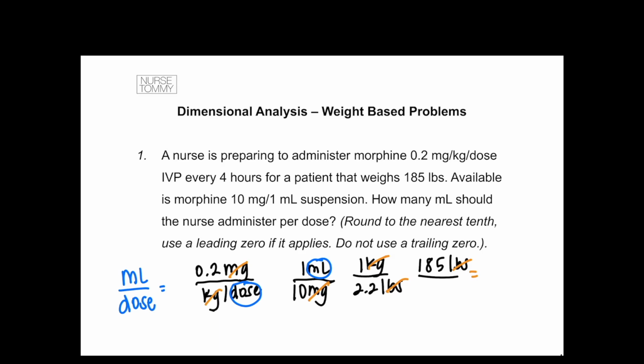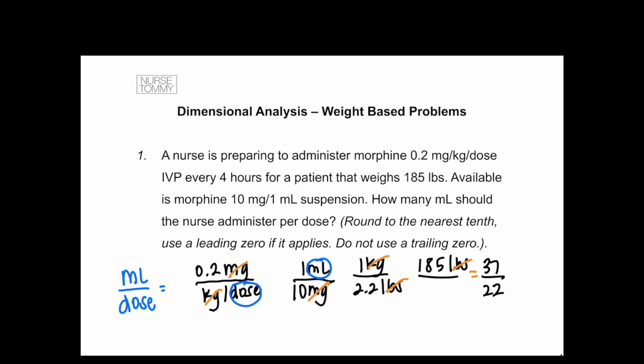Putting this math together, I get 37 over 22. I'm going to take everything that's on the top and multiply it together. So the 0.2 times 1 times 1 times 185. And then I'm going to take everything on the bottom and multiply it together. So I've got 10 times 2.2, which is 22.